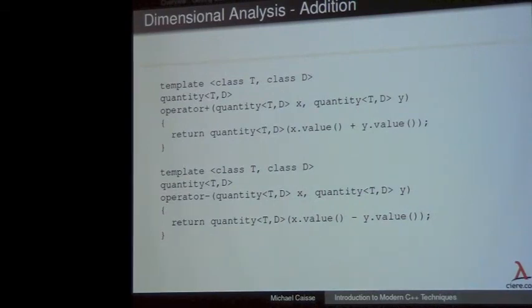How do I add things that are of similar types? Well, just add them, right? It's pretty straightforward. So I'm going to return a quantity of the same thing, its value plus the other value. Don't have to think about it. Adding's easy. Subtracting's easy. So adding and subtracting things of the same dimension, we just add and subtract. Piece of cake.